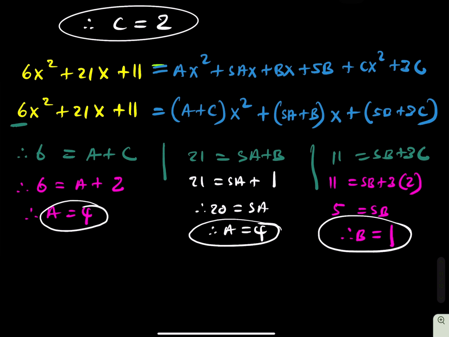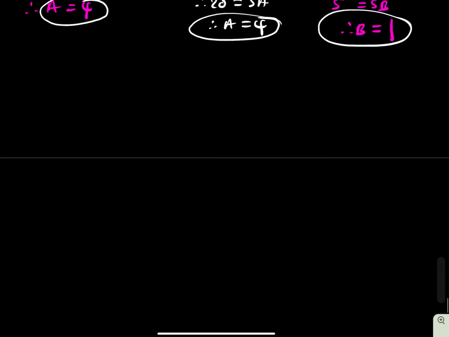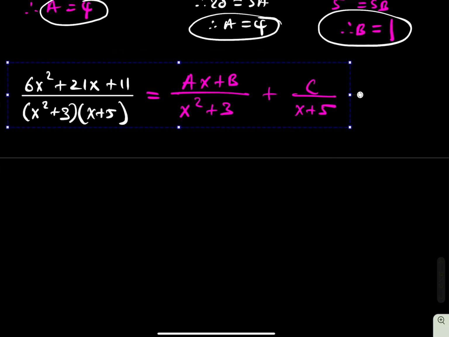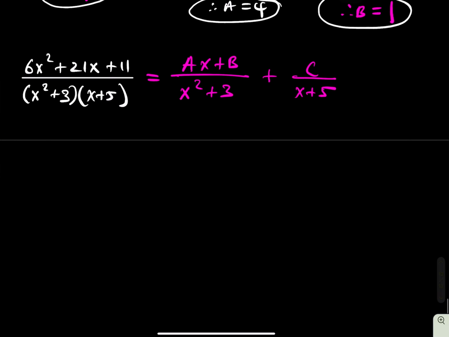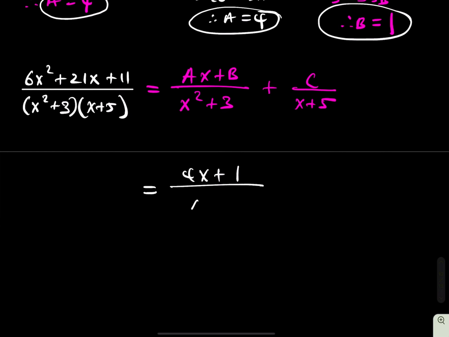Your c is 2. So that means you have decomposed these fractions. You have decomposed it. You are then going to say that it will be equivalent to 4x plus b, b is 1, over x squared plus 3, plus c, which was 2, over x plus 5.